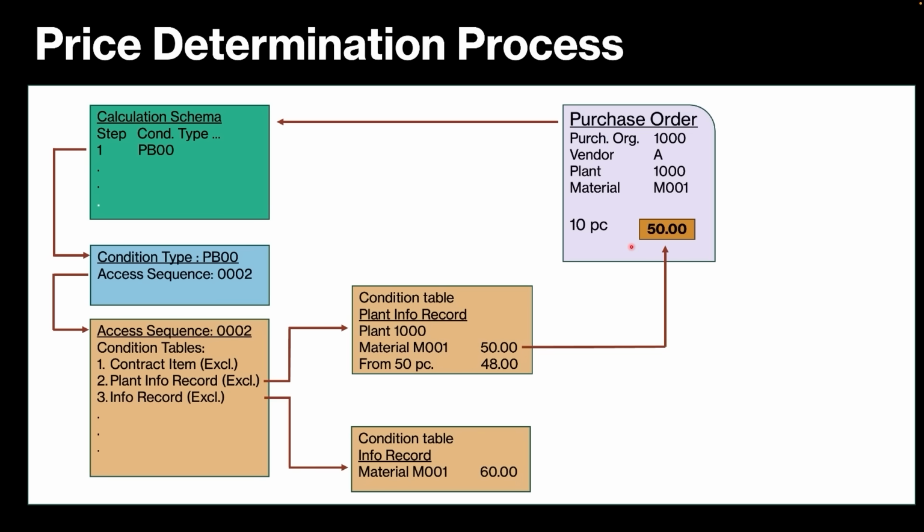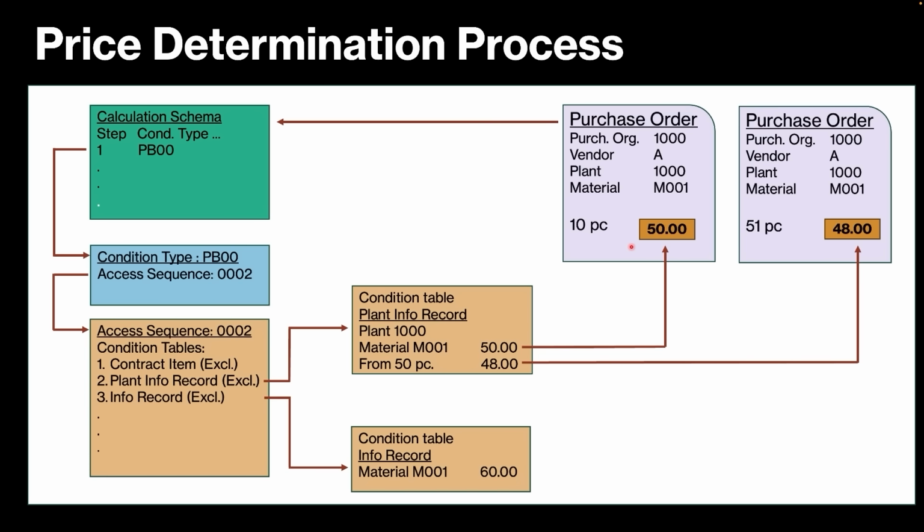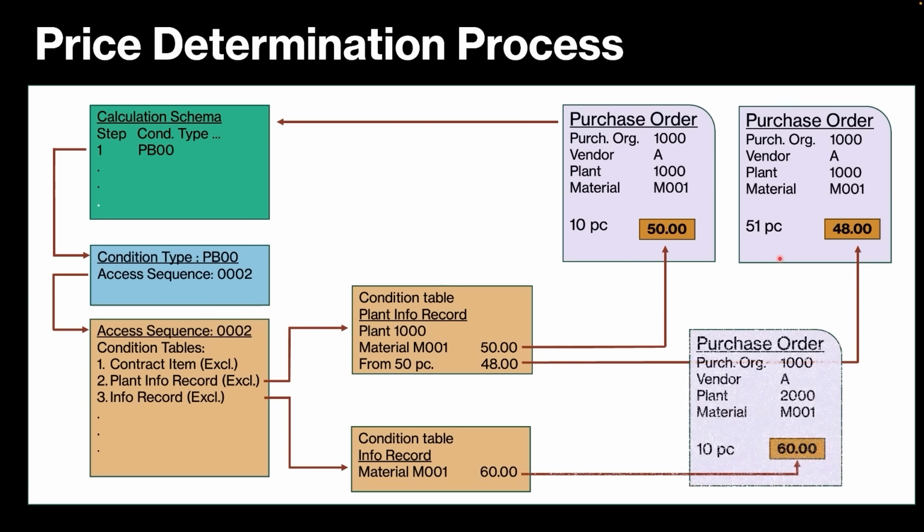Now let's say that our purchase order quantity is more than or equal to 50 pieces. Then this particular price will be picked in the purchase order. Okay, so you can see based on this condition record and this scale, system is able to determine these conditions in your purchase order. Now let's say that you are creating a purchase order for a different plant.